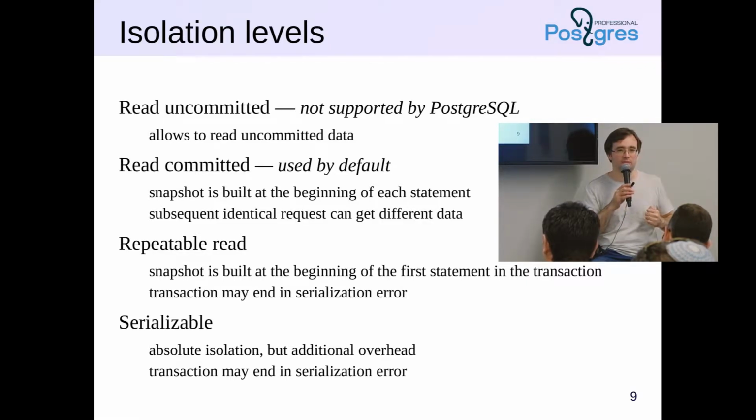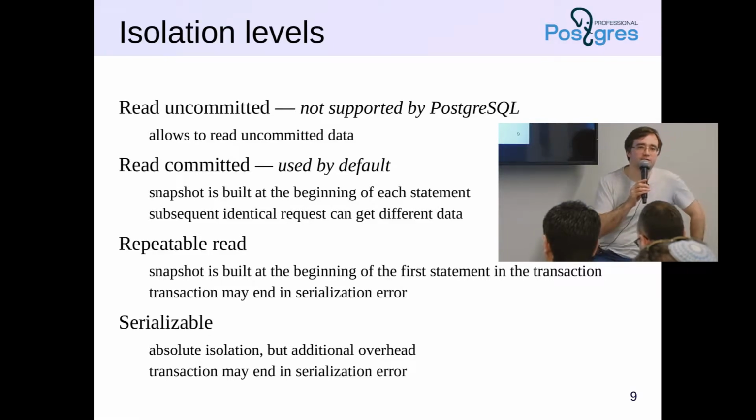And another level is repeatable read. On this level, each command in a transaction uses the same snapshot. So the first command in a transaction creates the snapshot, and other commands use the same snapshot. So on this level, you can write several selects, and they will see the same data. It is useful, for example, for reports, which consist of several selects, which must see consistent data.